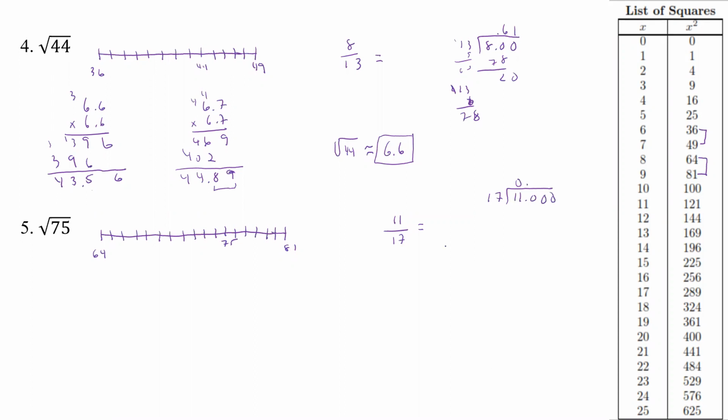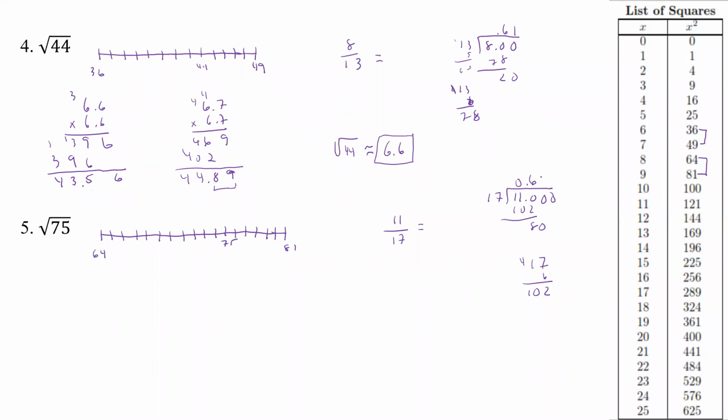All right, so 17 times what? Well, I said it's going to be closer to this, so maybe times 6. And so that's going to be 42. That's 102. It's going to be too big. So we'll say that's 102. Subtract, that's 8.